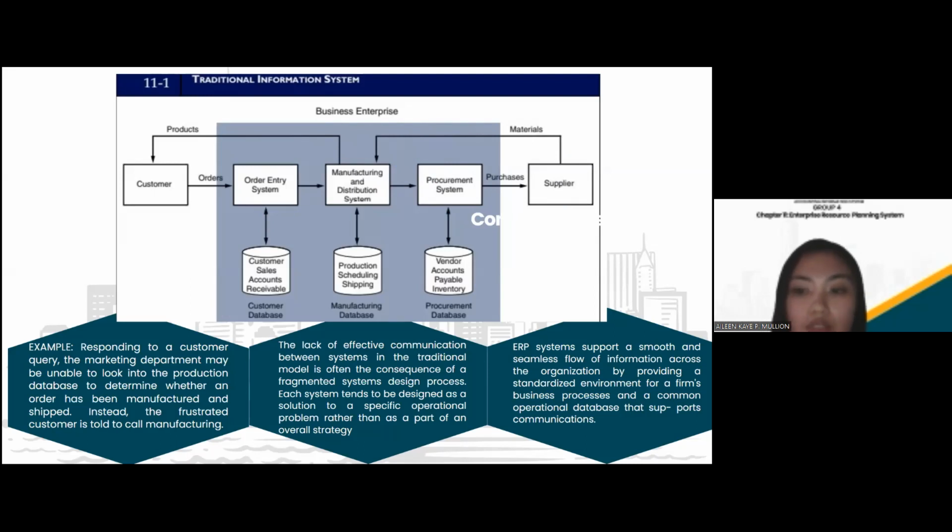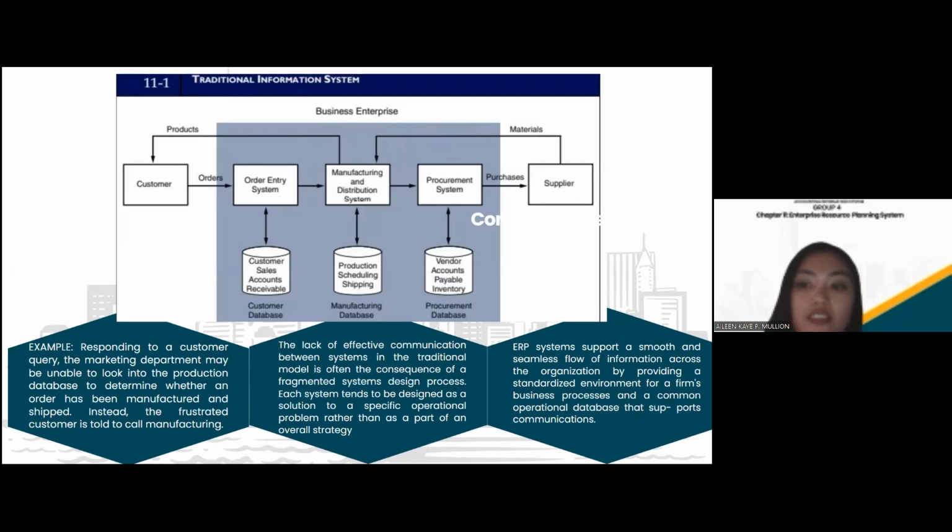The lack of effective communication between systems in the traditional model is often the consequence of the fragmented system design process. Each system tends to be designed as a solution to a specific operation problem rather than as a part of an overall strategy.